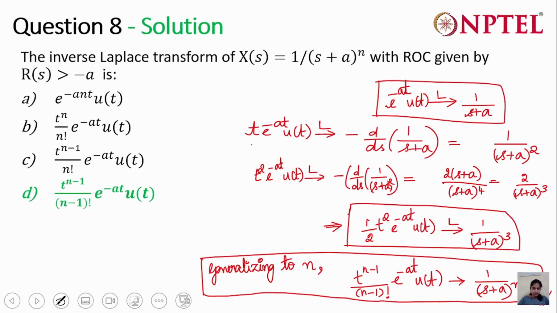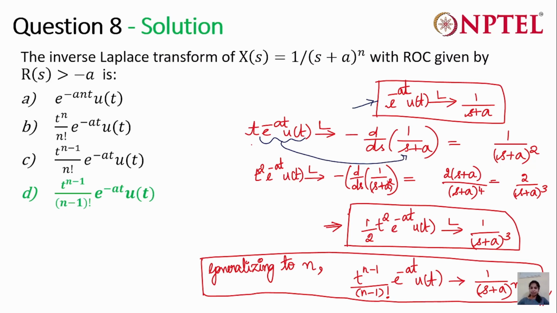Yeah. So I'll just go through the solution steps again. So when we have e power minus at into u of t, the Laplace transform is 1 by s plus a. Now when you have a multiplication by t in your time domain, t into e power minus at into u of t basically translates to minus d by ds, that is differentiation with respect to s, of whatever was the Laplace transform of this.